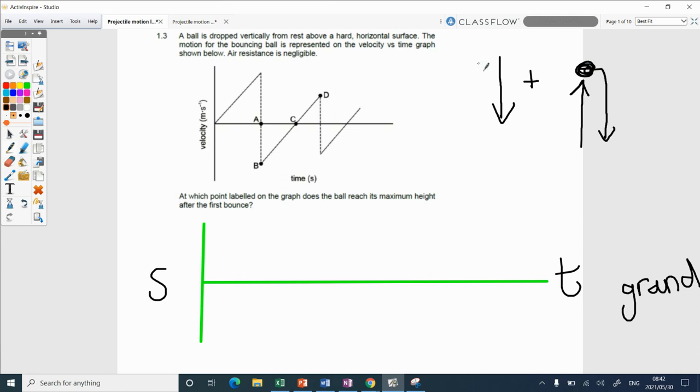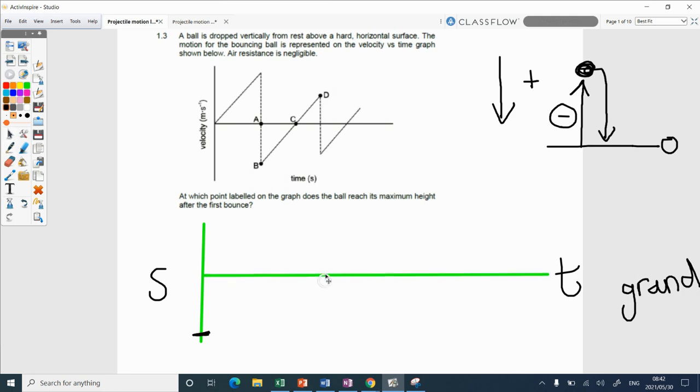Delta X is the tricky one, guys. It's negative because it's starting up from the ground. Here's the ground. If the ground is 0 and you decided down was positive, it's starting up from the ground, so that means it's starting negative again. So it's starting here again. So I didn't actually need that bit. I actually want to move it this time.